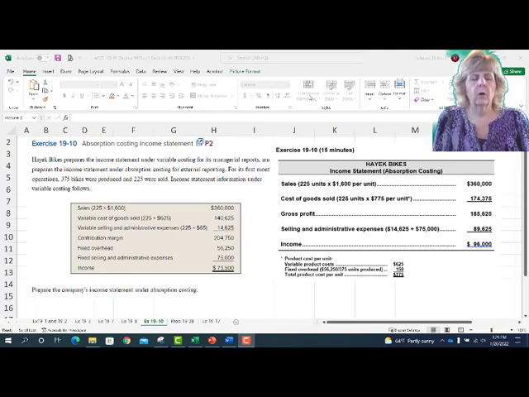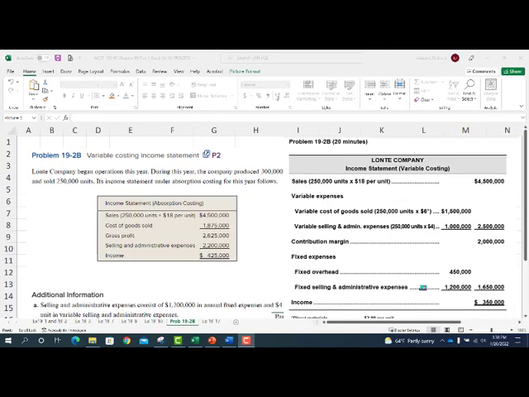We have one more income statement where I'll just flash a solution. And then our last exercise will be a good reason why variable costing can help us make internal management decisions. One last example. You guys should be pros by now. And once again, they're giving us an absorption costing, and this time telling us to go with the variable costing.